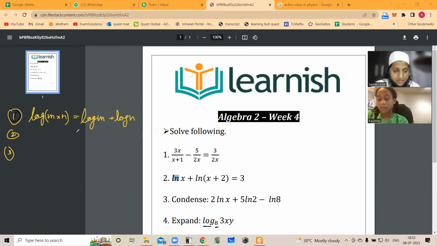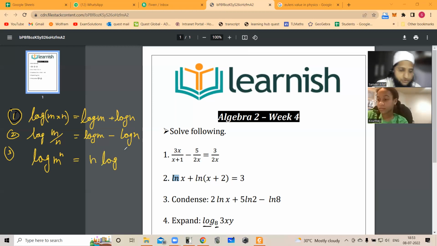Log of m times n is log m plus log n. In the same way, log of m divided by n is log m minus log n, and log of m raised to the power n is n times log m. So these are the 3 things which you have to use for solving all types of logarithmic questions.